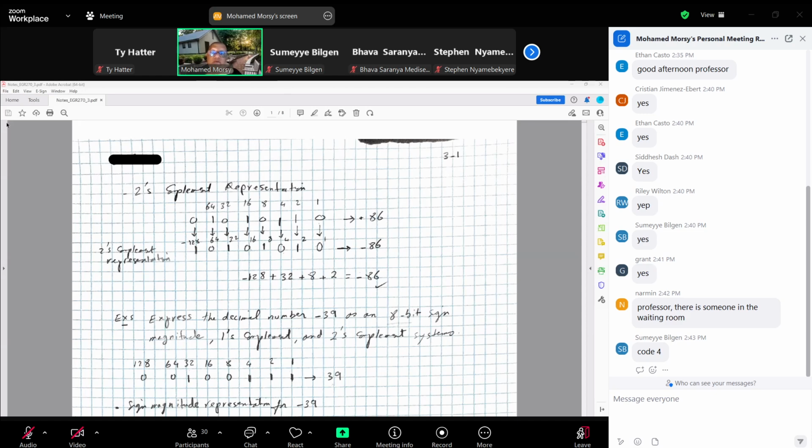And we saw how we convert from one system to another. Then we spoke about sign magnitude representation. So we mentioned we add bit 0 to represent a positive number and bit 1 to represent a negative number. Then we spoke about 1's complement to represent negative numbers. So we mentioned it's simple, just invert the bits of the positive number.